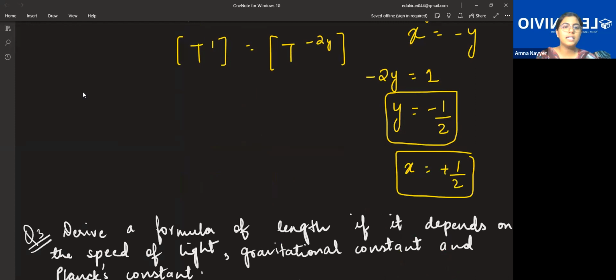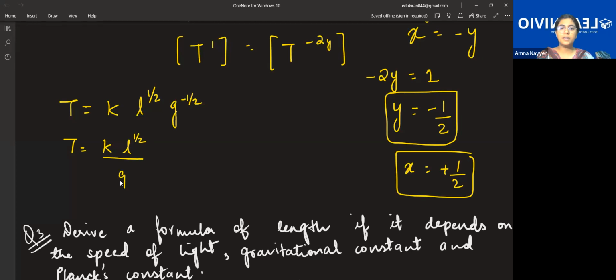This means T is equal to k, L to the power half, g to the power minus half. This is our equation. One thing we can do, I have always told you, whenever you have negative powers, bring them into the denominator. So if we bring it, T is equal to k L to the power half divided by g to the power half.